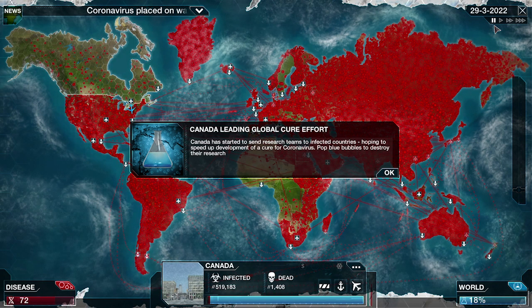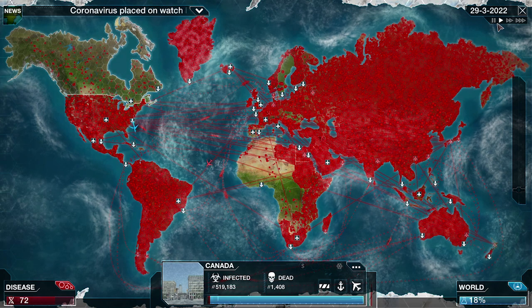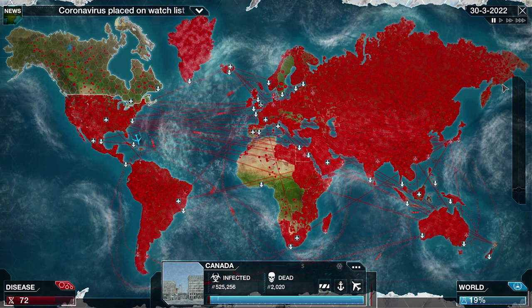So while we're waiting for this coronavirus to completely eradicate all human life, I think it's fair that I talk about the treatment and prevention aspect of the disease. So at the moment, there is no preventative measure nor treatment for this 2019 nCoV strain of coronavirus. But, big but, there are 5 projects going on right now. 5 groups and organizations that are currently dedicating themselves to the creation of a vaccine.